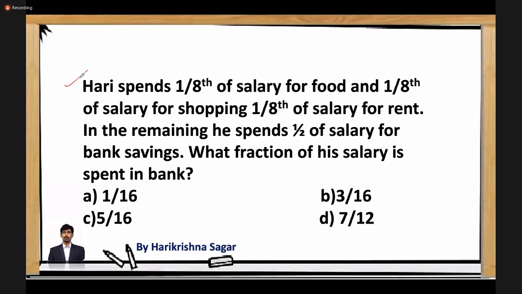As per the data, Hari spends 1 by 8 of the salary for food and 1 by 8 for shopping. Generally we can solve the question like this. Actually, I don't know what the salary of Hari is.